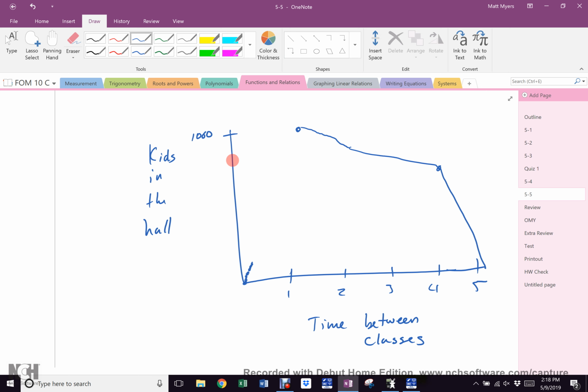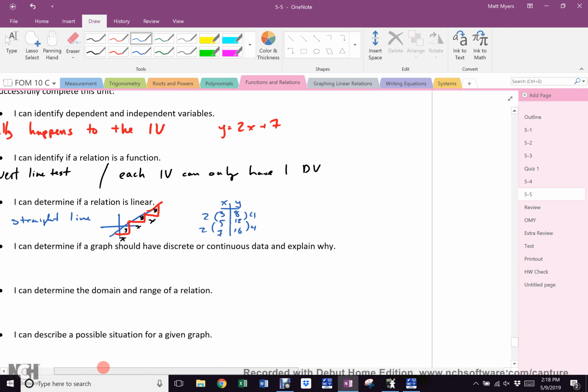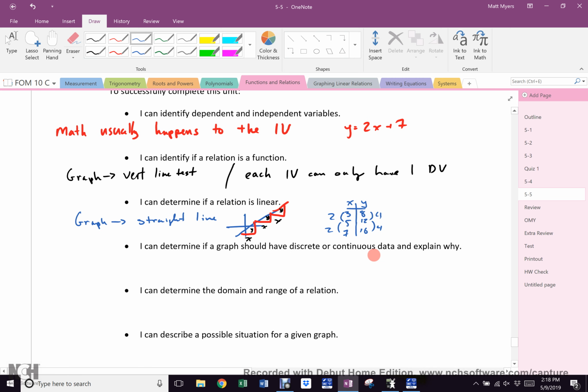And I'd have to count every single kid in the building. I'd have to run around 1, 2, 3, 4, 5. It would be impossible, yes? So sometimes, even when the data is discrete, it appears continuous. Everybody with me? Sweet. So that's the little bit of a trick there.